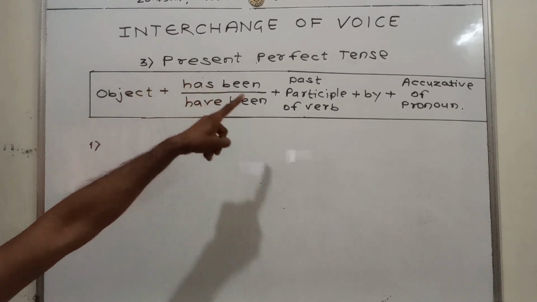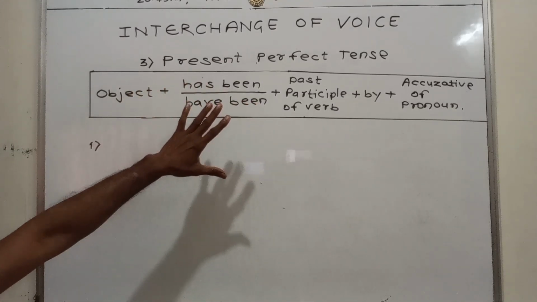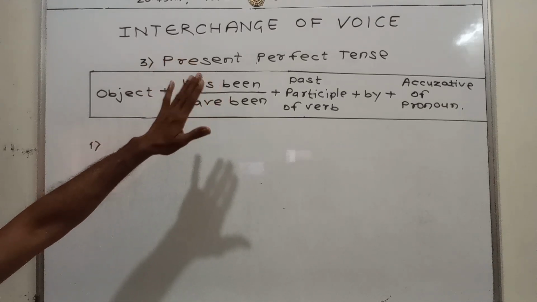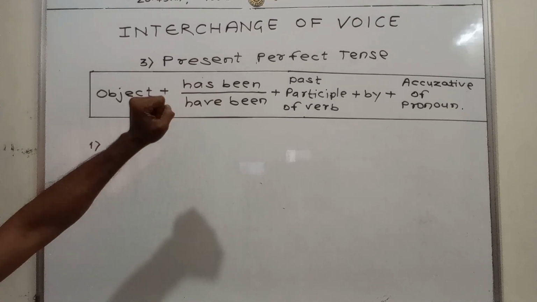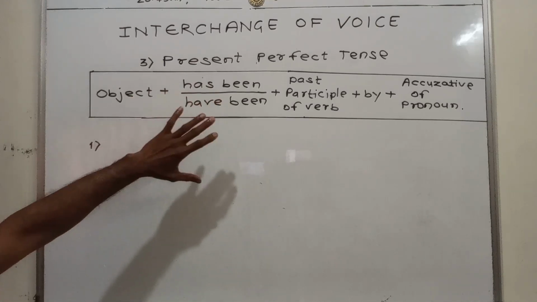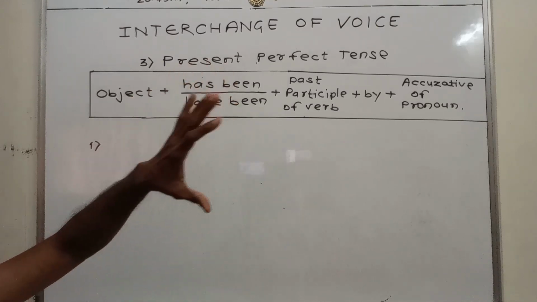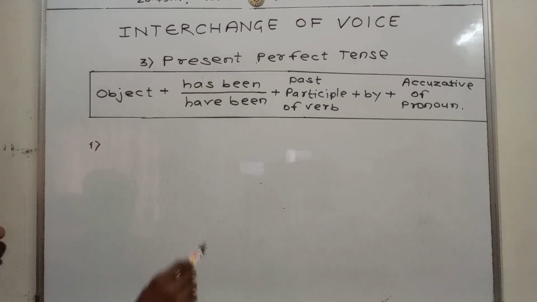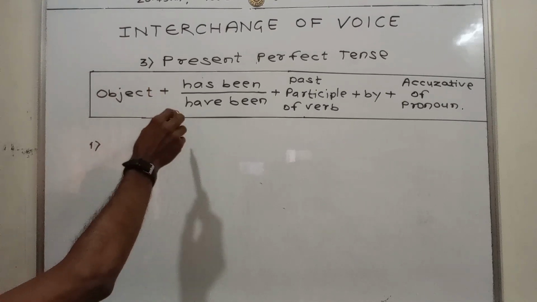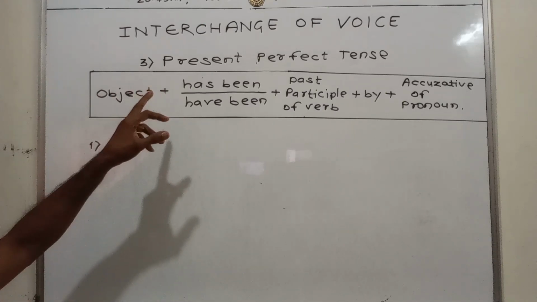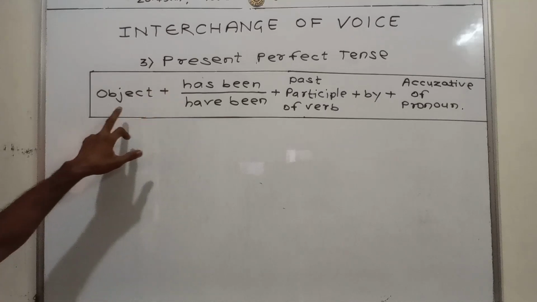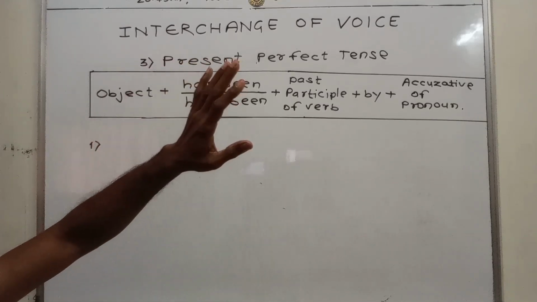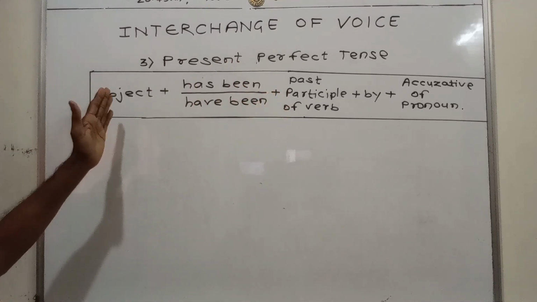Third, present perfect tense. Now, present perfect tense, that is in statement, or declarative or assertive sentence, when that is in active voice, then that active voice we convert into passive voice. Then for passive voice rule, object first, that object becomes here subject.